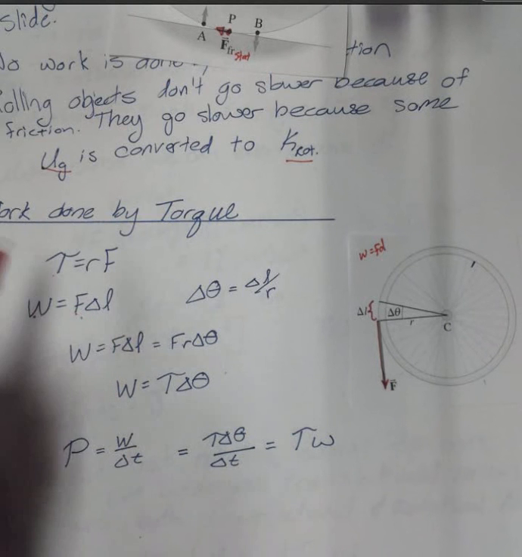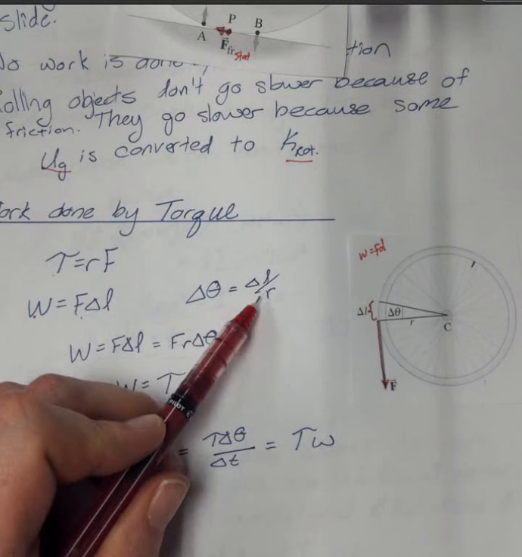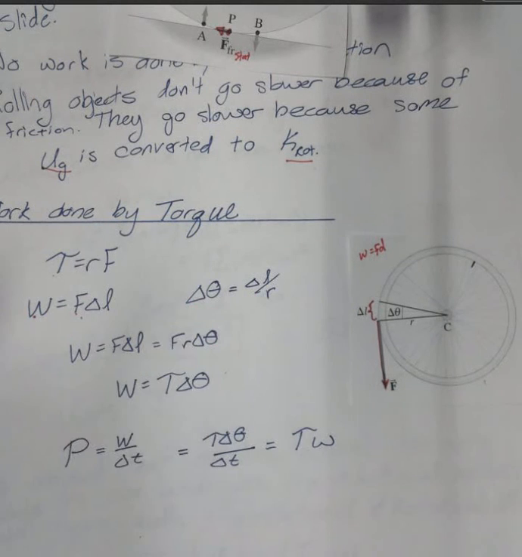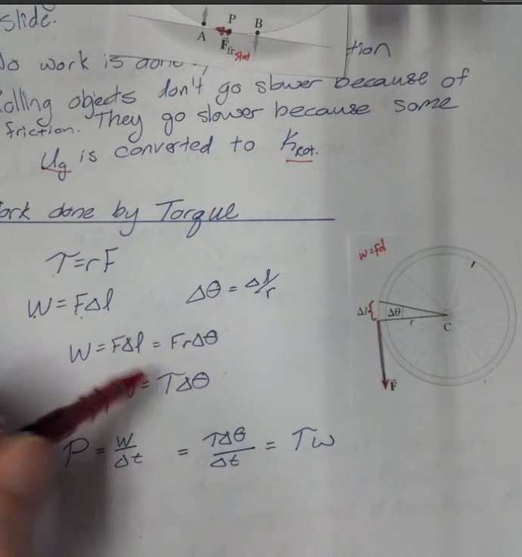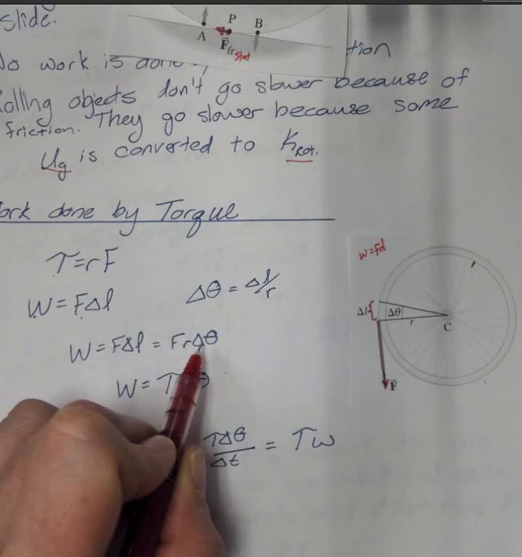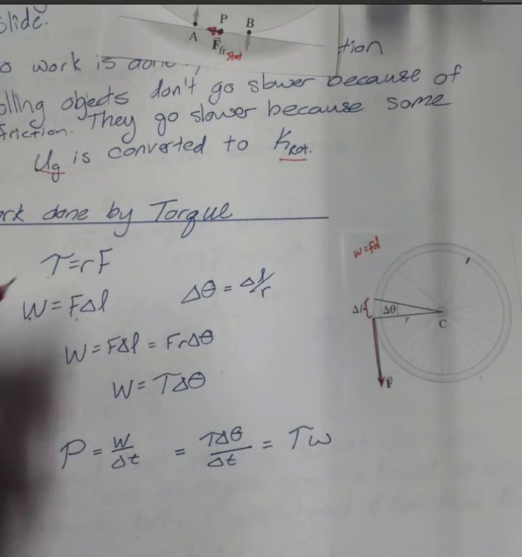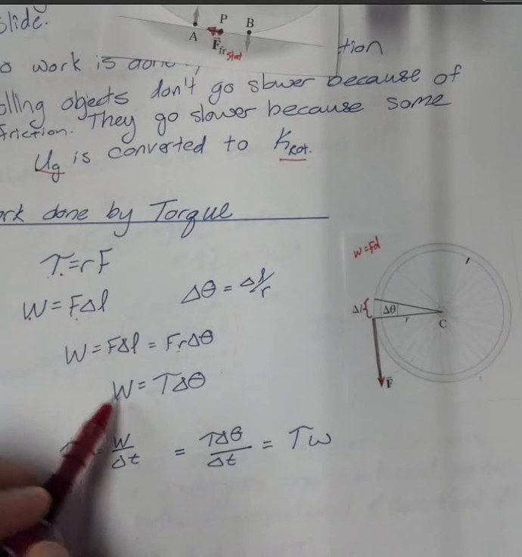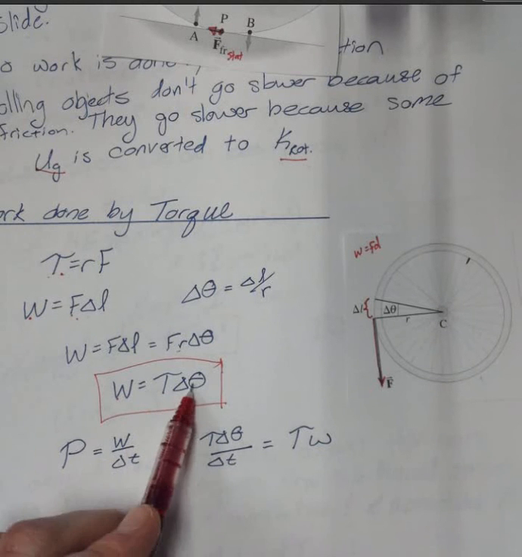But we know that there's a relationship between the distance that the force was applied and the translational values theta and r. So what we can do is replace delta L, with work equals force times distance equals force times radius times the change in radians. So that means that since Fr equals torque, I can replace it in the rotational work equation: work equals torque times the change in radians.